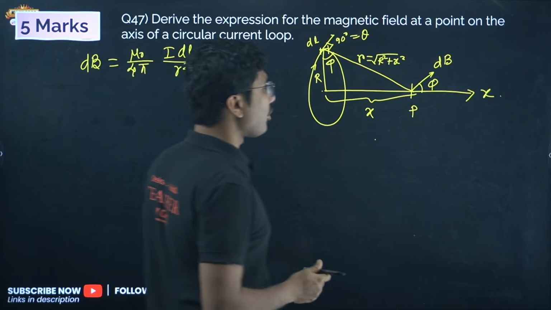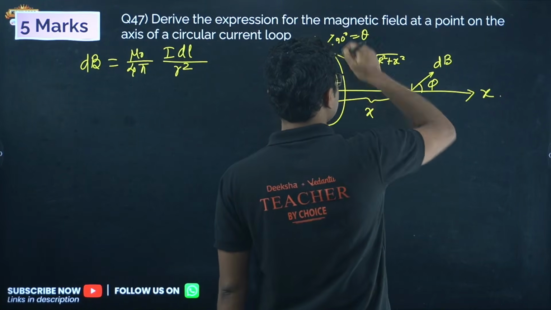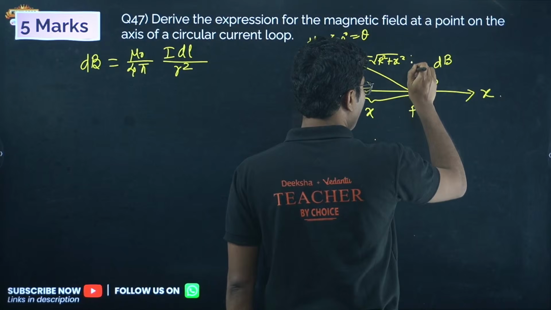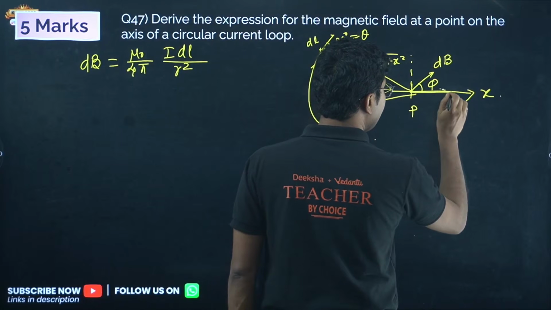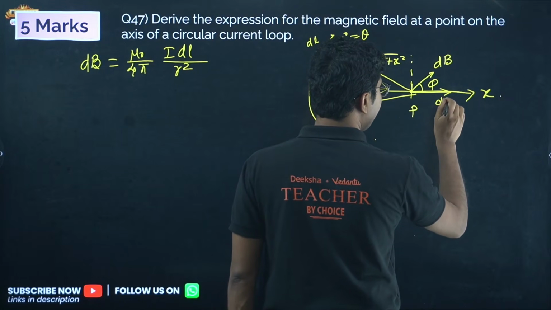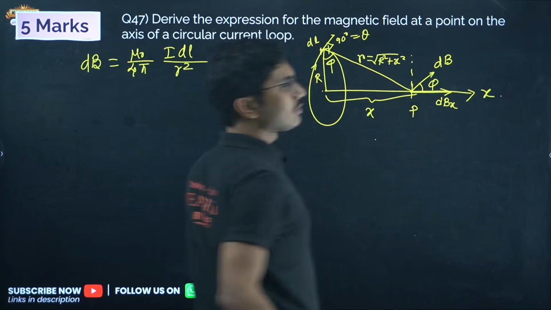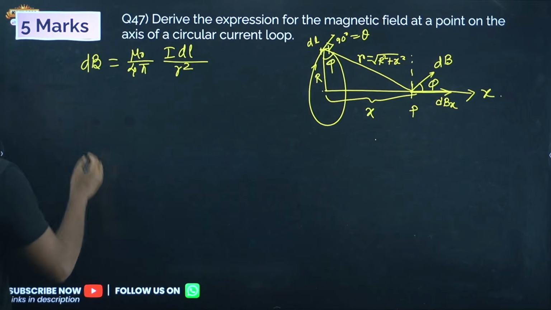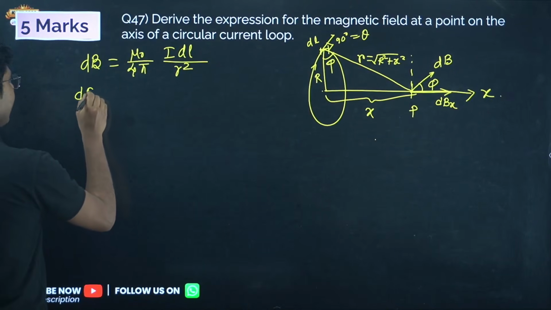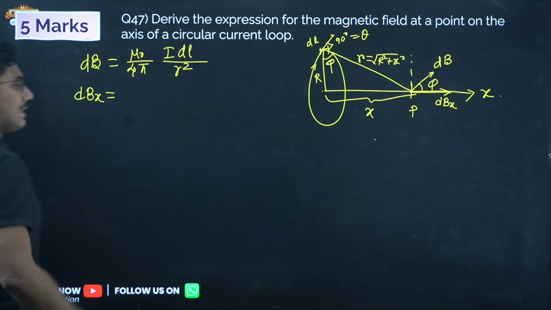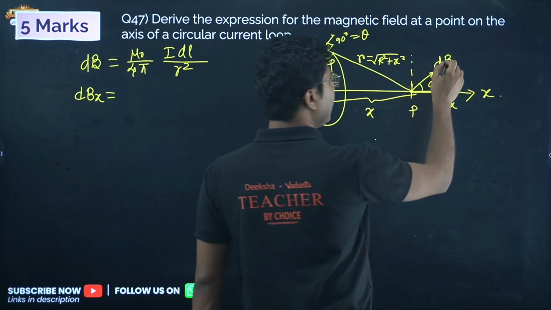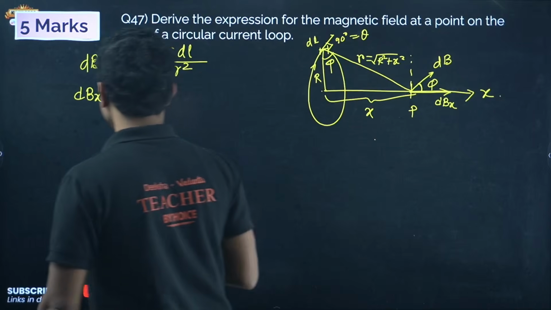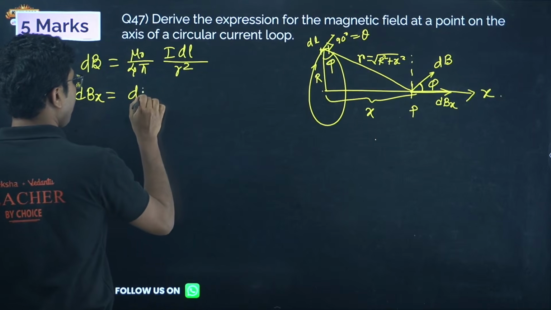Now one important thing is that because it's a circle, due to symmetry all y components will cancel, only the x component will be there. So we need to find dBx. And what is dBx? Obviously dB cos phi.